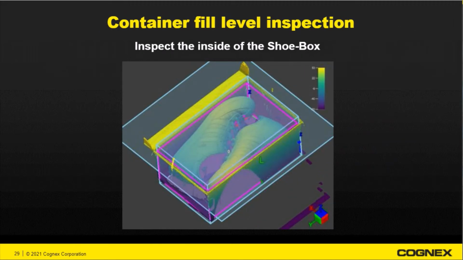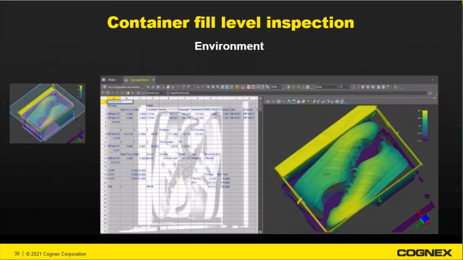The next example, we have an easy absence-presence application for packaging. So here you can see a shoebox that is first being localized in the 3D environment, and then inside the shoebox, the shoes are being inspected. Basically, what you do first is insert a tool that finds the box.